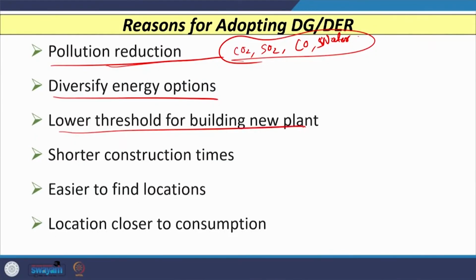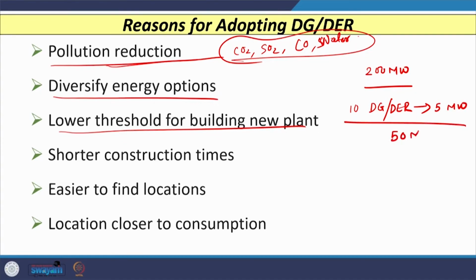The third advantage or reason for adopting the DG or DER is the lower threshold for building a new power plant. The reason is, if I wish to develop a new central power plant, and let us say its capacity is 200 megawatt, and now I am connecting several DGs, let us say 10 distributed generators, each having a capacity of 5 megawatt, the total capacity is 50 megawatt.